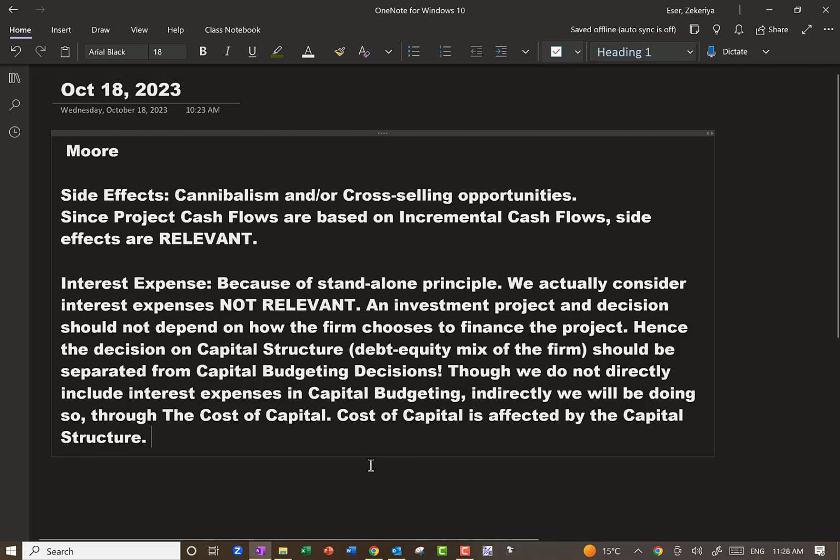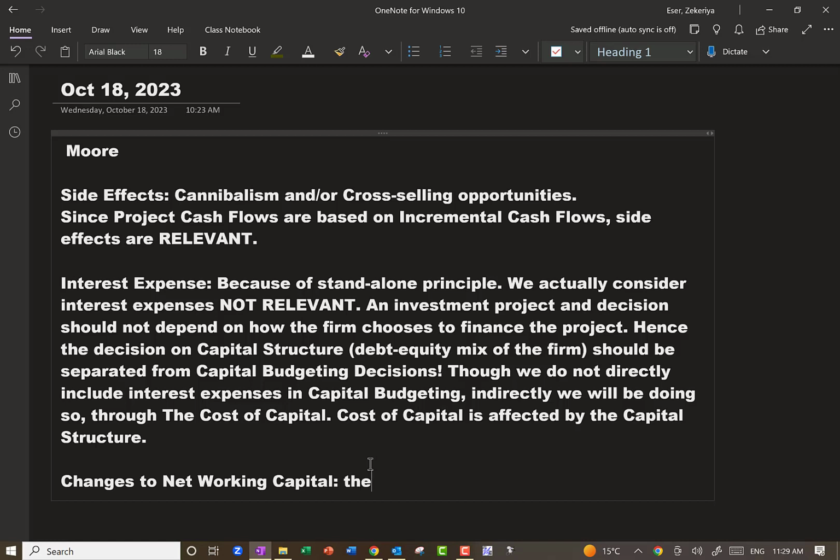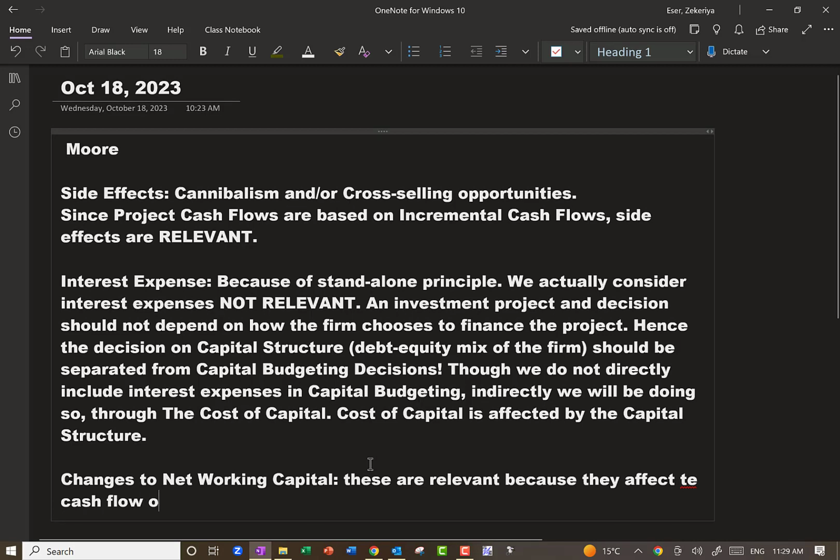All right. Oh, one more thing. Changes to net working capital. These are relevant because they affect the cash flow of the firm.